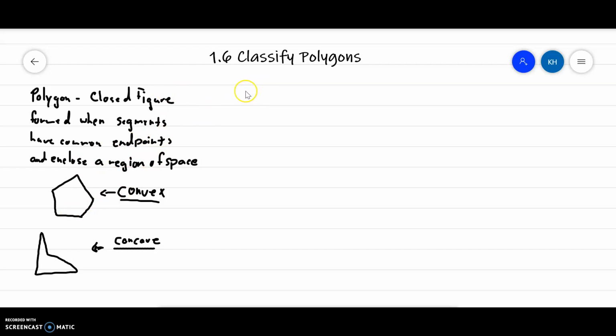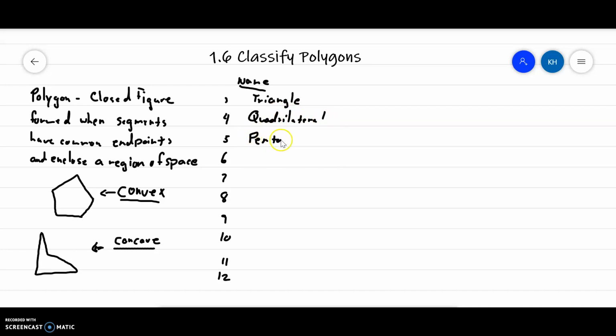And so then we have to name polygons based on their sides: 3 sides, 4 sides, 5 sides, 6 sides, 7, 8, 9, 10, 11, and 12. Triangle, name for a 3-sided polygon. Quadrilateral for 4.